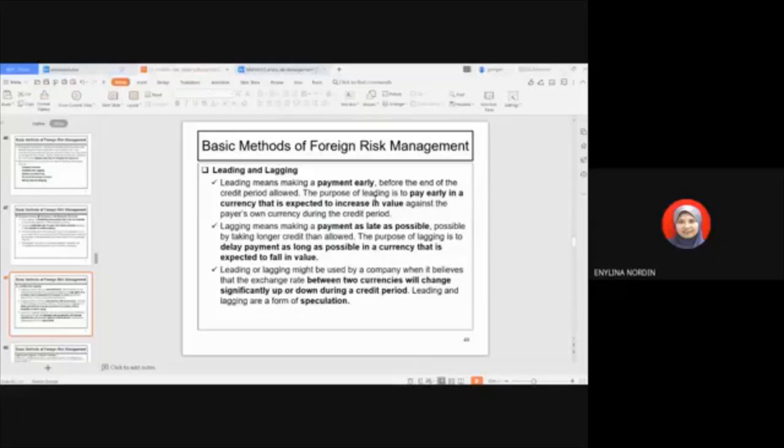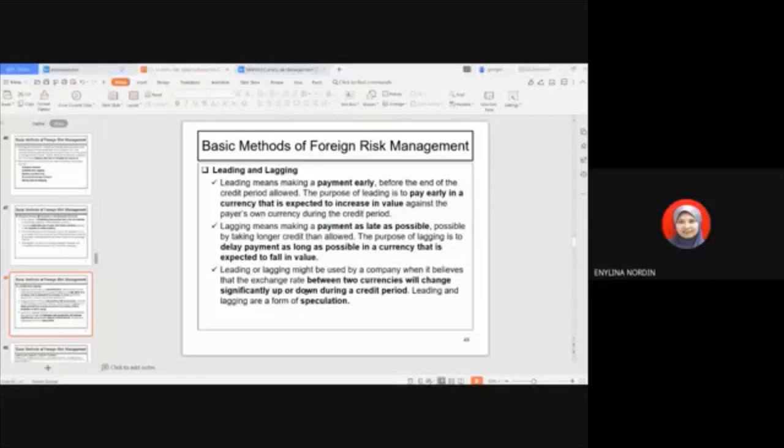You delay the exchange until the right time, maybe when you really need to convert into Singapore dollars. That will be better off for you. Then we go to the next slide.